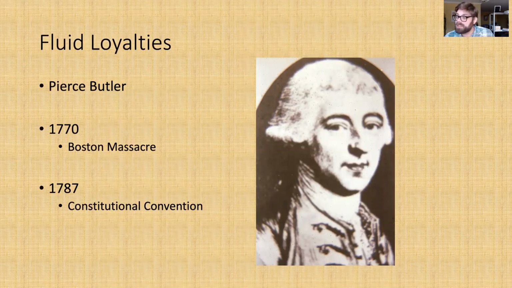In 1787, Pierce Butler is signing the Constitution on behalf of South Carolina, right? So people can shift a lot, right? In 1770, most white colonists in the Americas would have considered themselves British in North America, right? Not American or patriots. And it was a process over time where they started to push back against the British.